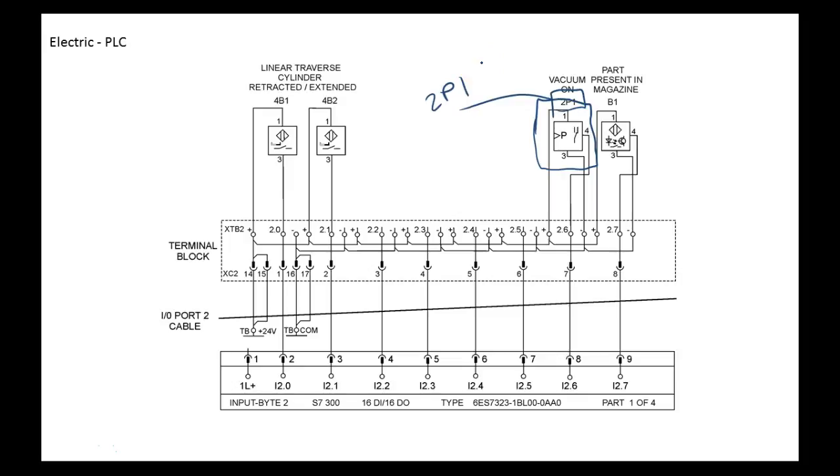This is not labeled because it's not part of the hydraulic circuit, I mean, I'm sorry, the fluid power circuit. And there's that other sensor. What's this one? That's B1. That's not going to be on there either because it's not part of the pneumatic circuit, right? So B1 is your what? Or it was on there, wasn't it? So the only one that wasn't on there is this 2P1 right here.